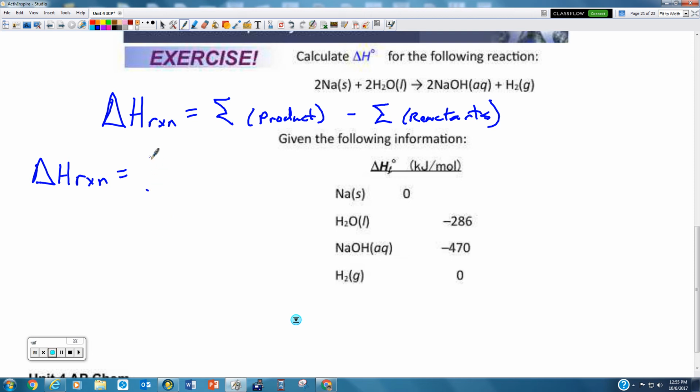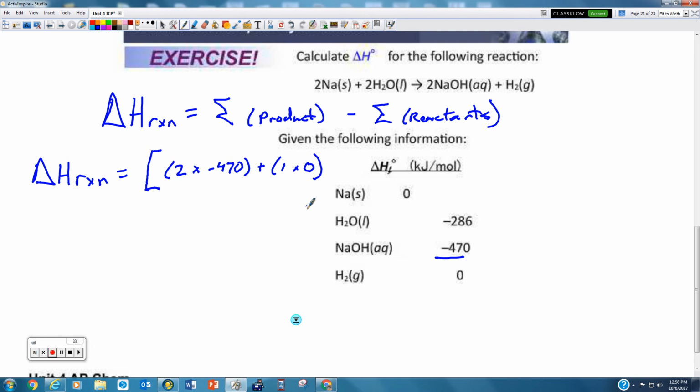So we're going to start off with the products. The products are sodium hydroxide and hydrogen gas. So we have 2 times negative 470, plus 1 times H2 gas, which is 0.